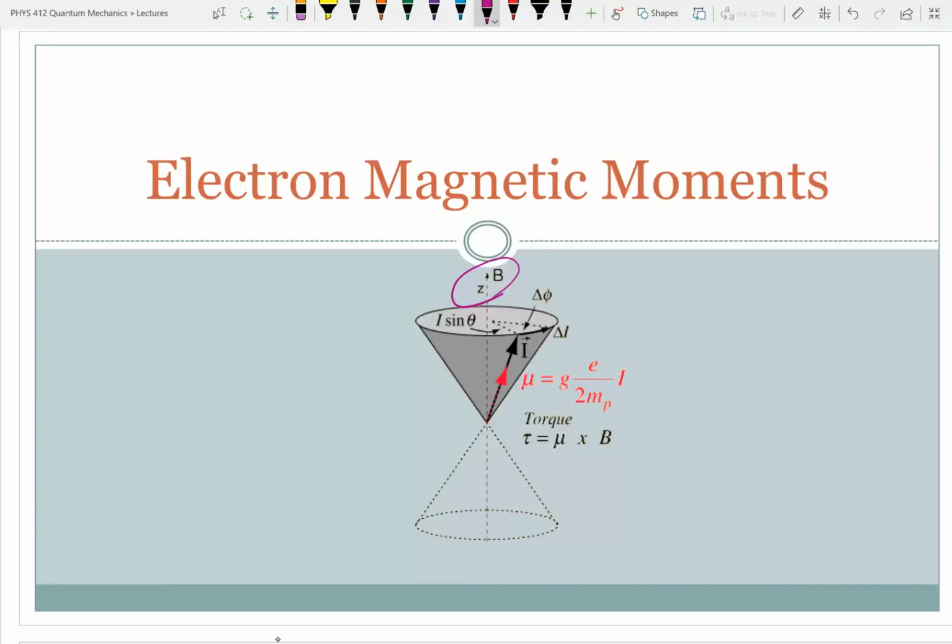And you will only have a portion of the angular momentum that's parallel to that magnetic field. And then it goes around or precesses, like a top precesses, or the Earth precesses.